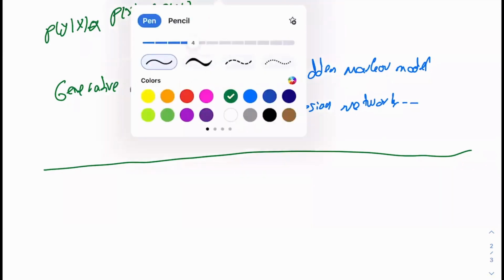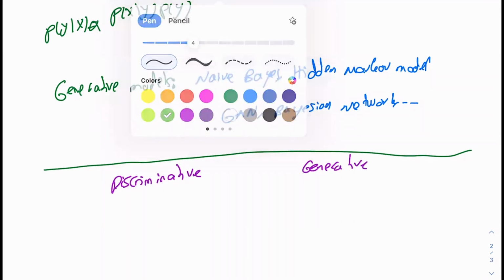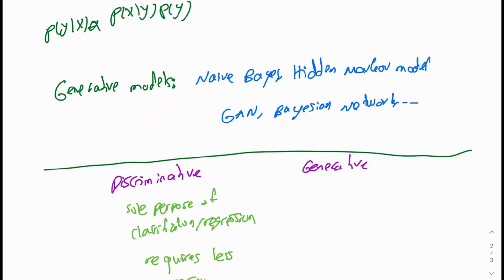I'm going to write here in another color: discriminative, and here generative. A discriminative model is for the sole purpose of classification or regression. It requires less computation and fewer resources, because you just saw that we don't need to estimate the full probability distribution.